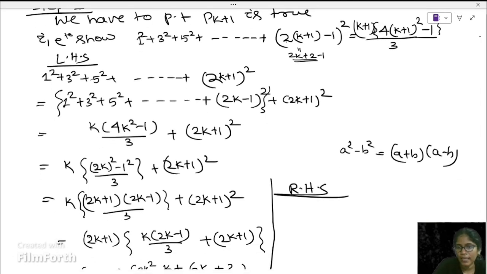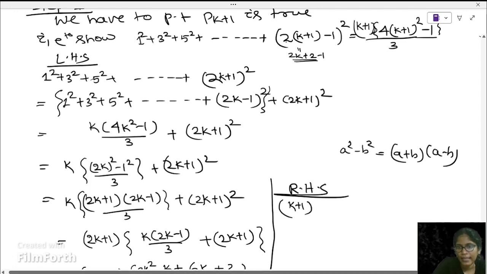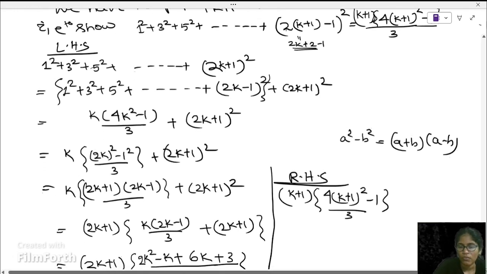Our right hand side was k plus 1 into 4 into k plus 1 square minus 1 divided by 3.